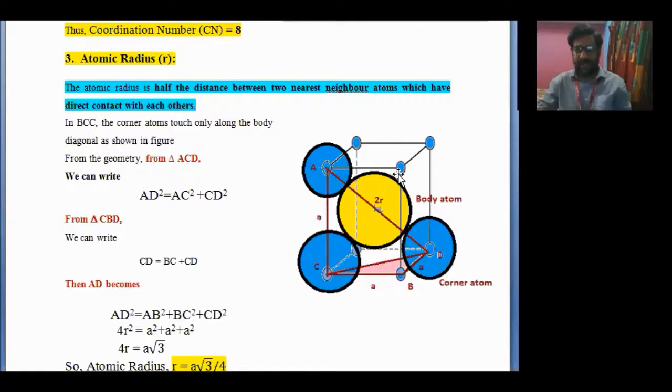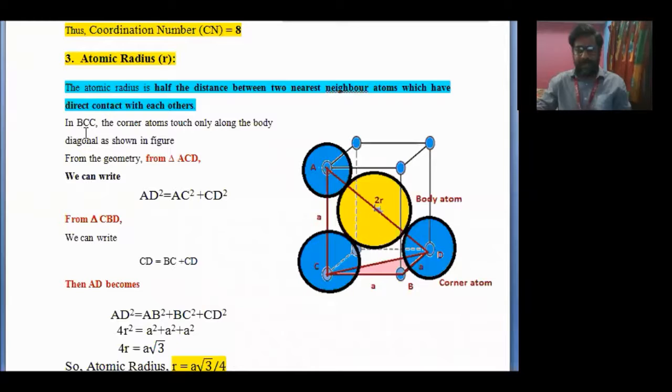I have taken the front view. From this front view, we have mentioned the parameters also. The parameters are A, C, D, B. From these, we are going to measure the atomic radius.